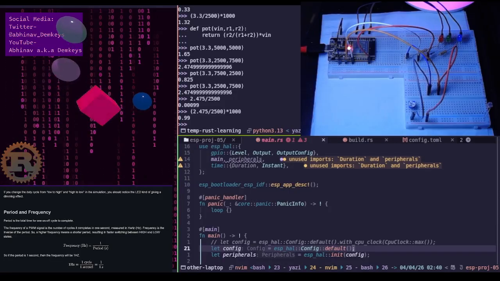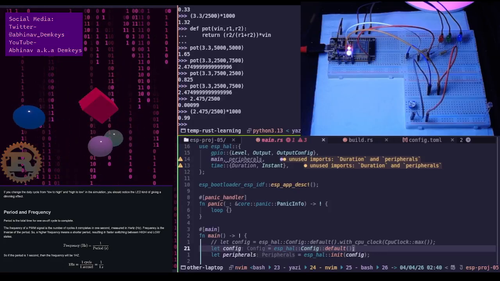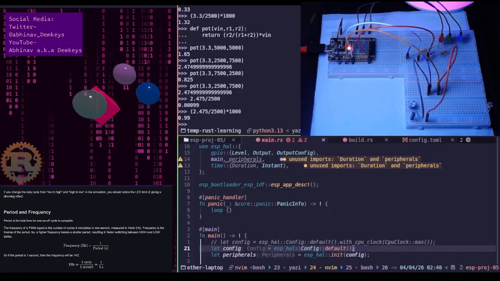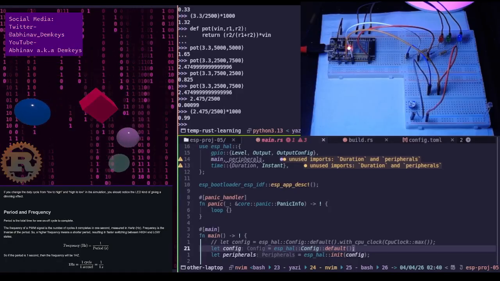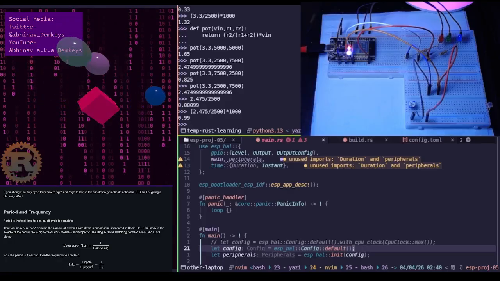Charlieplexing apparently also follows a similar concept where it's creating the illusion of something being on or off by constantly turning a bunch of these things on and off.